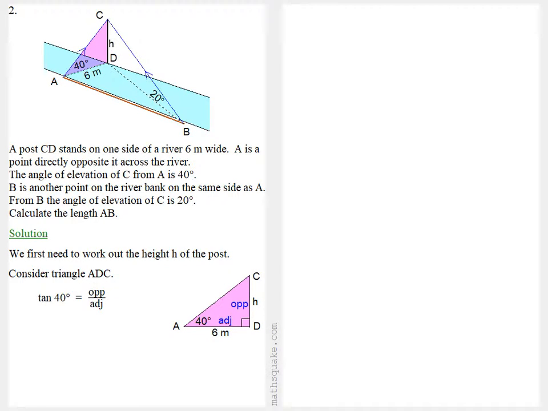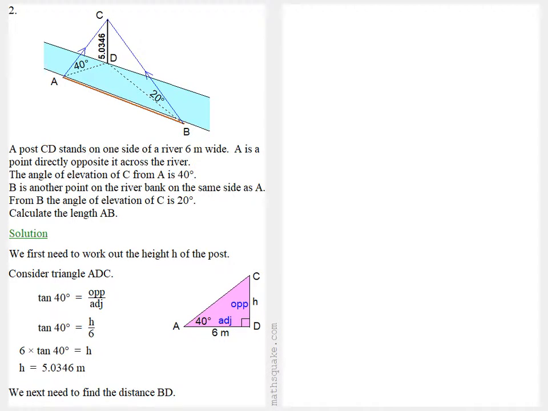Now we know the tangent of an angle is the opposite over the adjacent, so the tangent of 40 is equal to h over 6. If we multiply both sides by 6, we get 6 times tangent of 40 equals h, and if we work that out on a calculator, we get h is equal to 5.0346 meters.